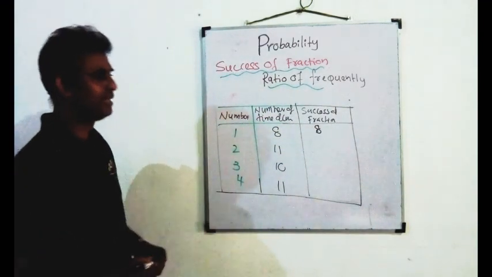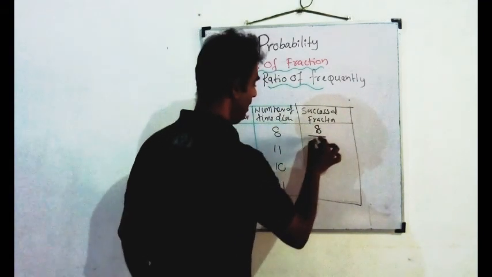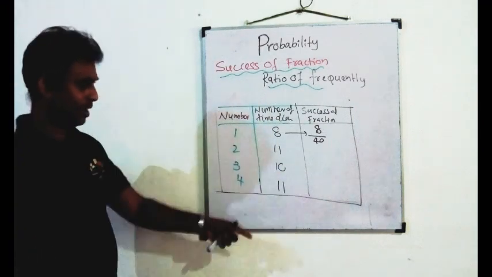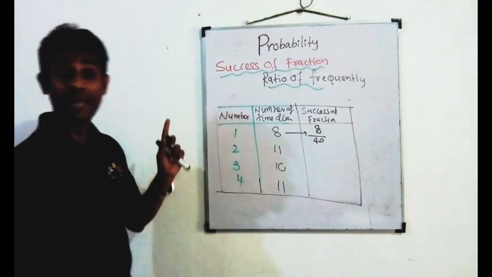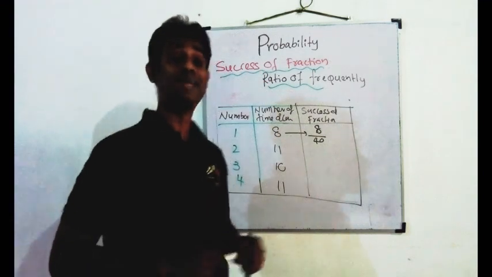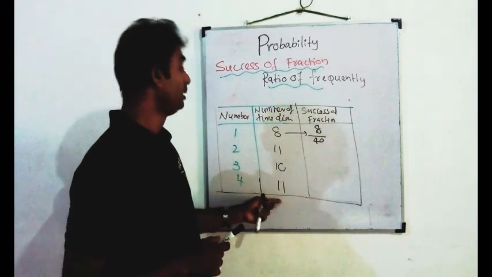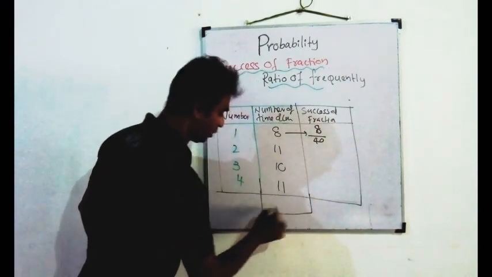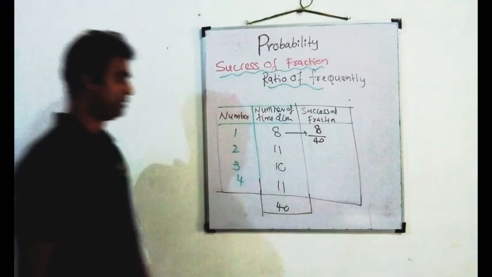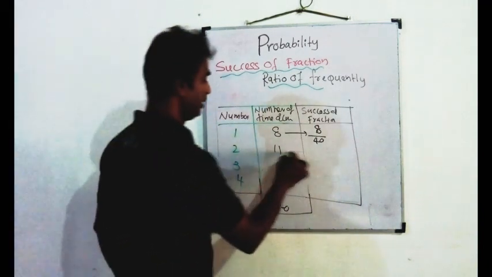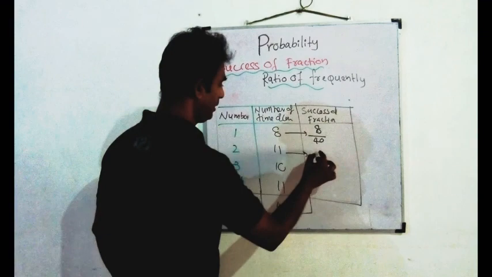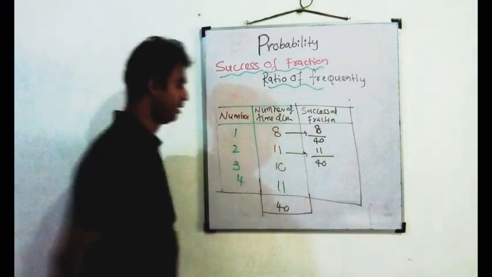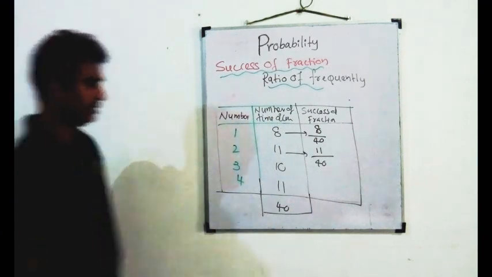How many trials are there? 40 trials. If the trials are not mentioned in the exercise, you want to add this column. Next, the fraction of success is actual 11, trial 40.